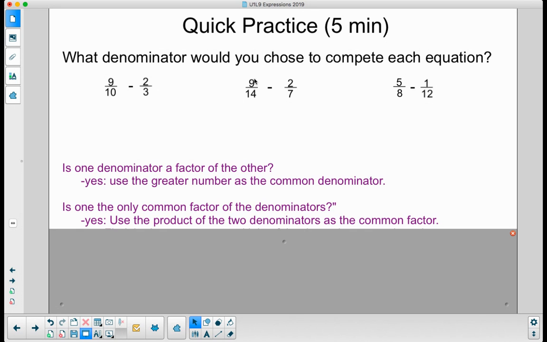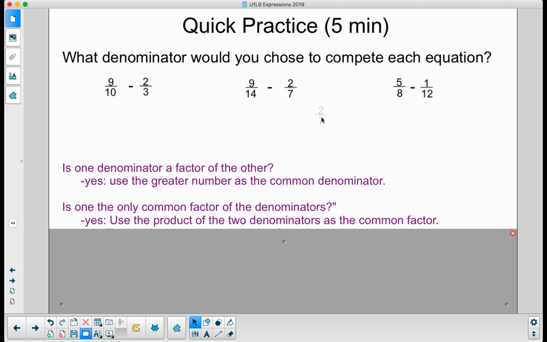Let's look at the next one. 14 and 7. Is one denominator a factor of the other? Yeah, 7 is a factor of 14. 7 multiplied by 2 is 14. So we can use 14 as a common denominator. In fact, let's show what I would do.